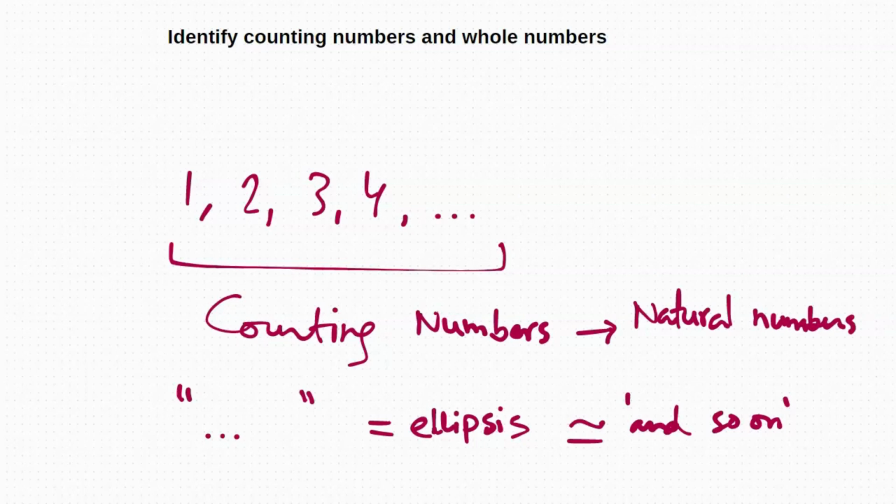Now, if you want to define whole numbers, the whole numbers are basically the numbers that start with 0. So if you start with 0, 1, 2, 3, 4, and so on, this is what we call whole numbers.